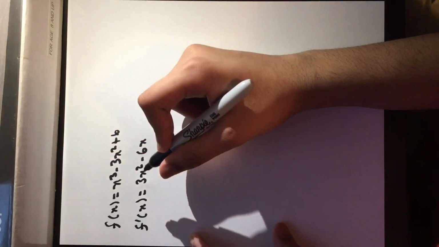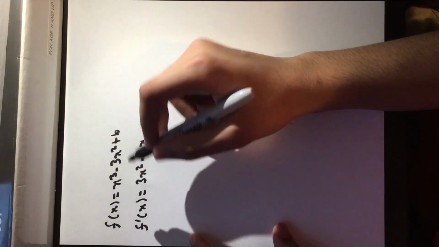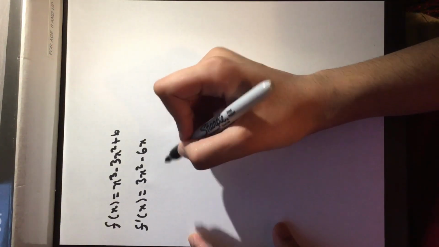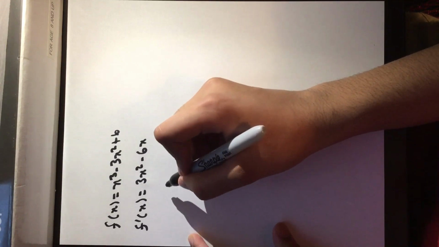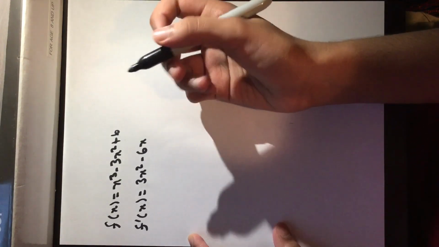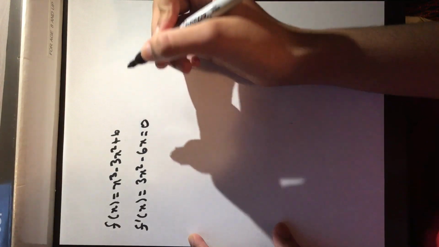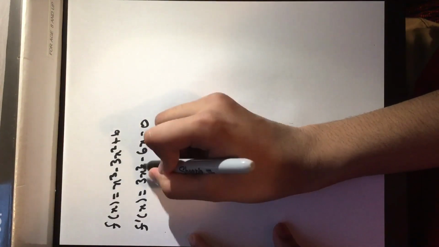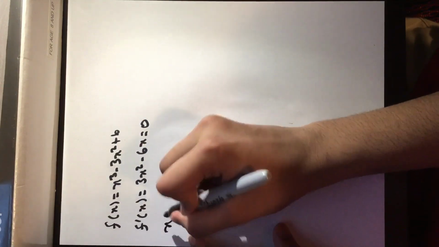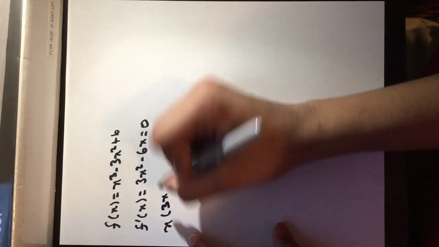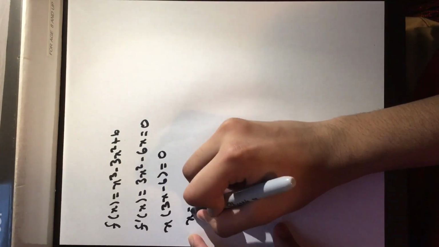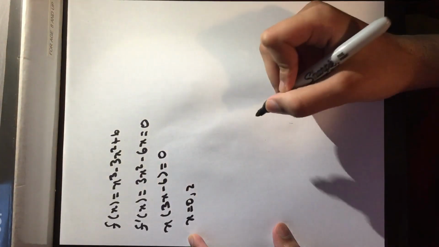And we know that the derivative of f(x) is the slope of the tangent line at a point on f(x), and that the slope of the tangent line at the extrema is equal to 0. So we can set f prime of x equal to 0. Then we can factor x out to get x times (3x minus 6) equals 0. We get x is 0 and 2 from this.